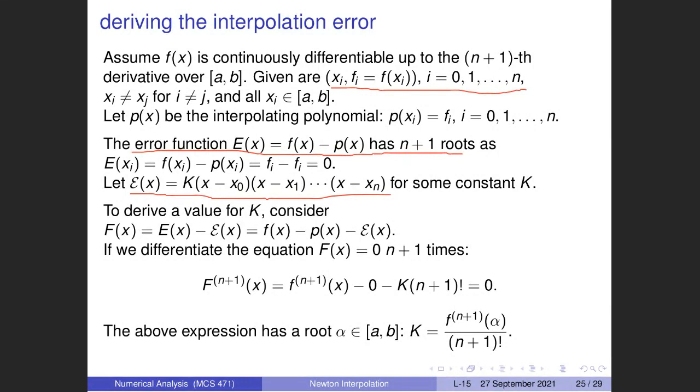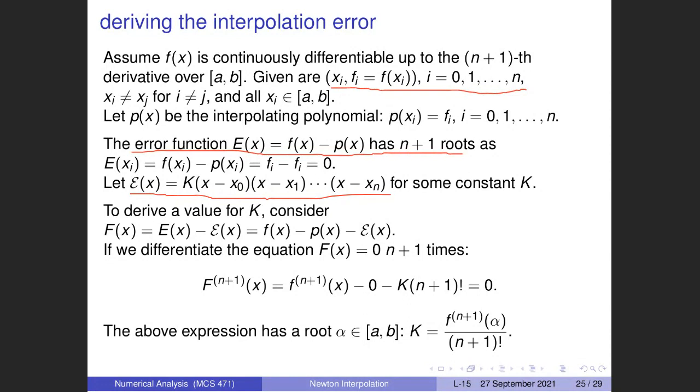And how do we do this? We look at the derivatives, and if we take derivatives n plus 1 times, then actually the interpolating polynomial drops out. So we look for essentially the error.